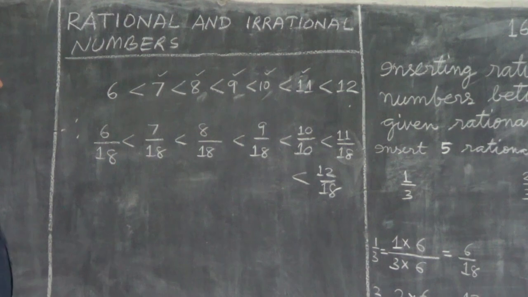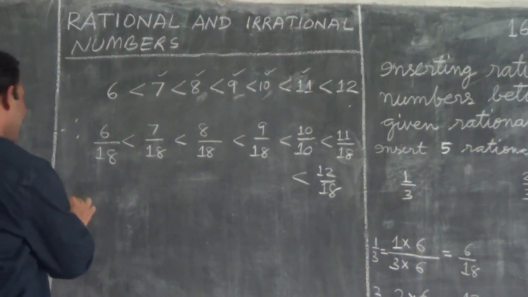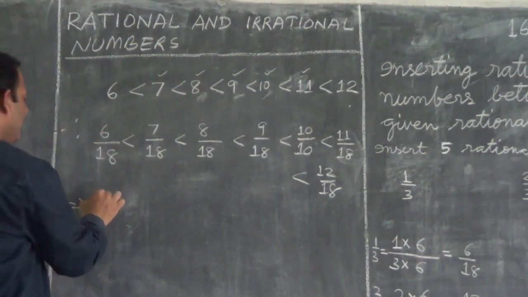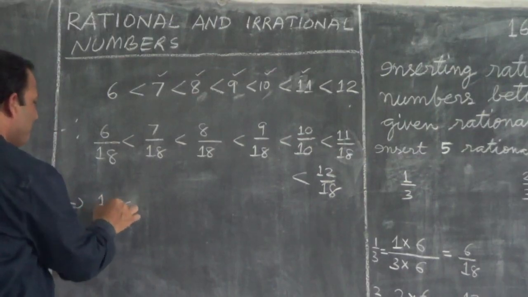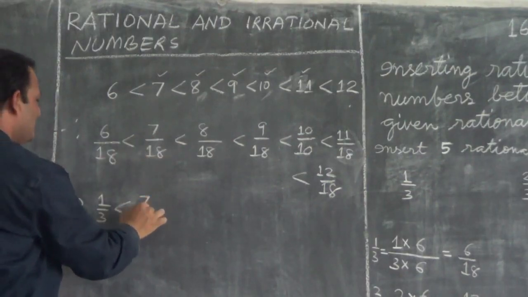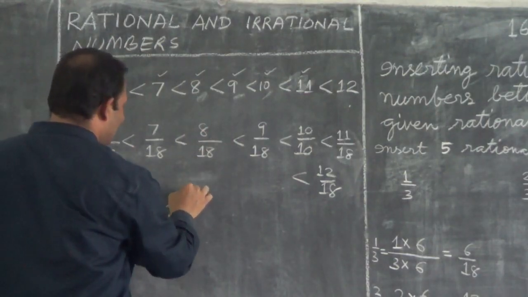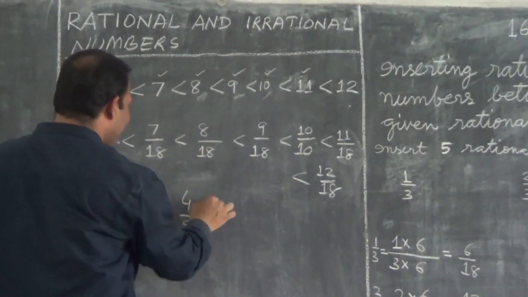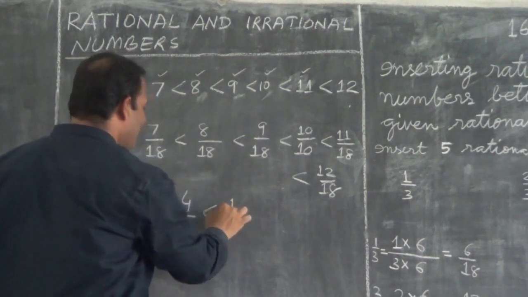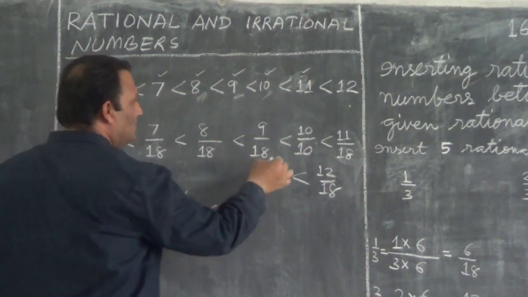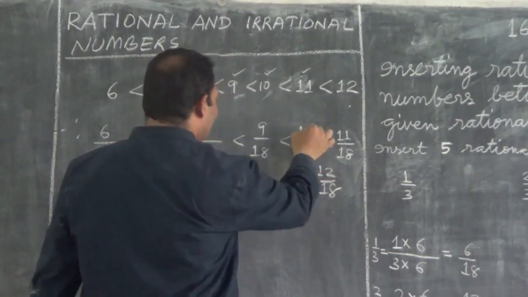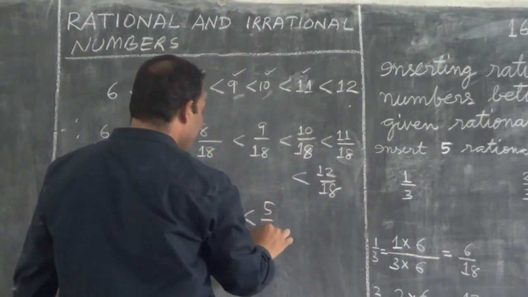In case you want, you can reduce and write this. 6 by 18 was 1 by 3. This cannot be reduced, 7 by 18. This you can reduce, that is 4 by 9. This you can reduce, 1 by 2. This you can reduce, 5 by 9.